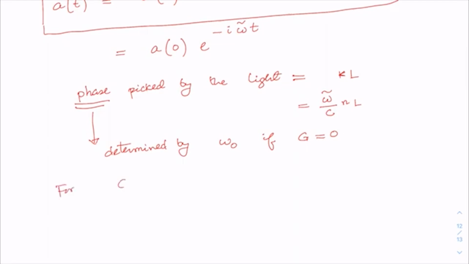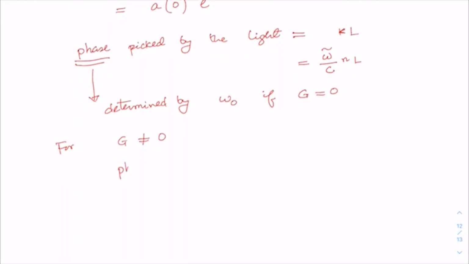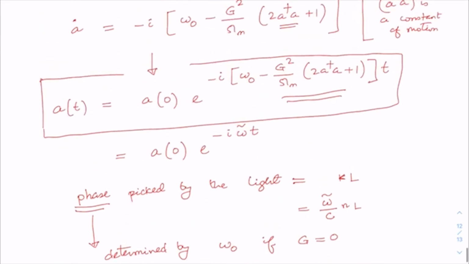For coupling, when the coupling is there, the phase is also proportional to the photon number a dagger a, as you can see from this expression here, right?